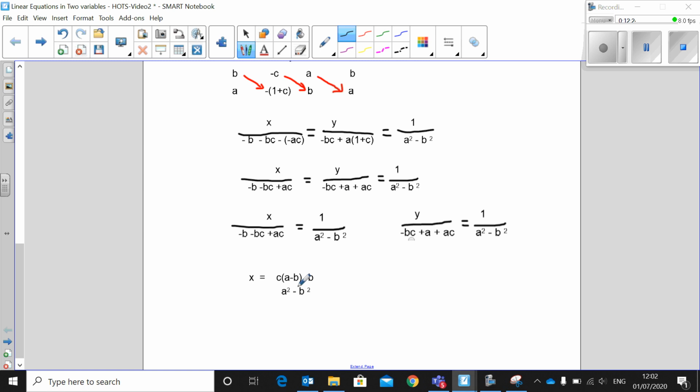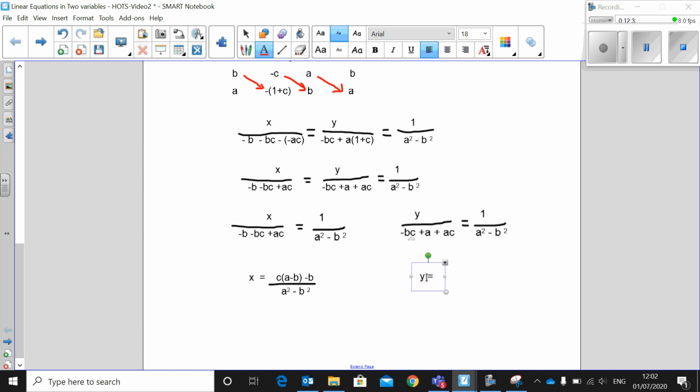The answer is x is equal to c into a minus b by c. Then what about y? y is equal to this, minus bc plus ac. c is common again. c is taken outside. a minus b plus a divided by a square minus b square.